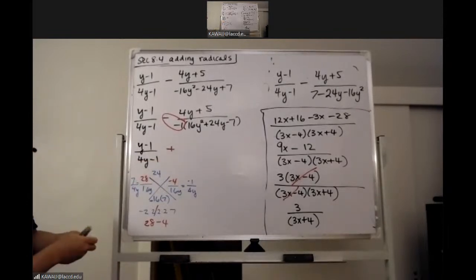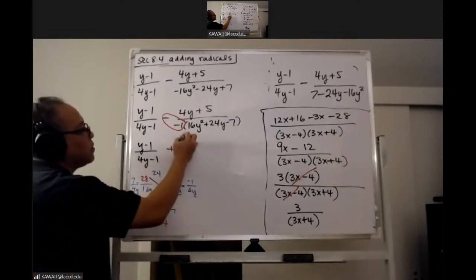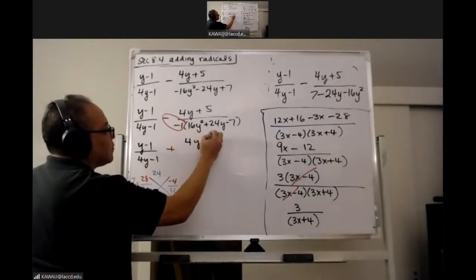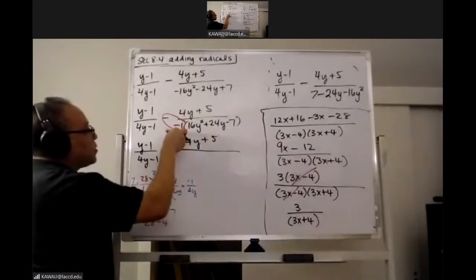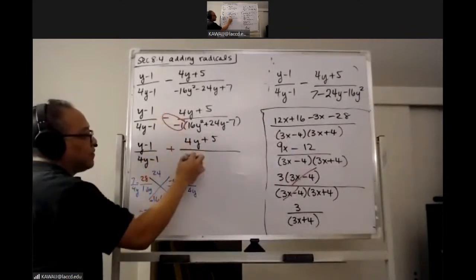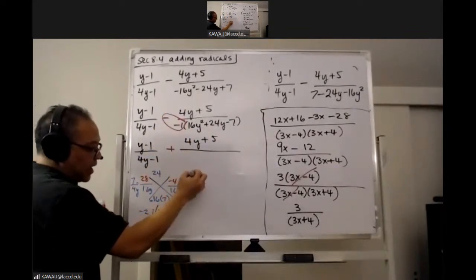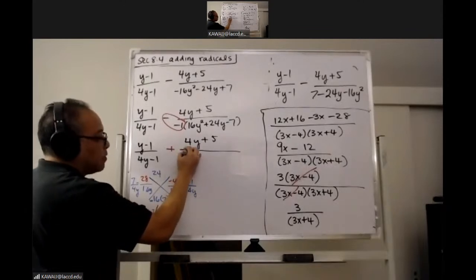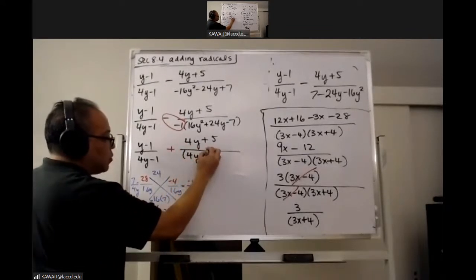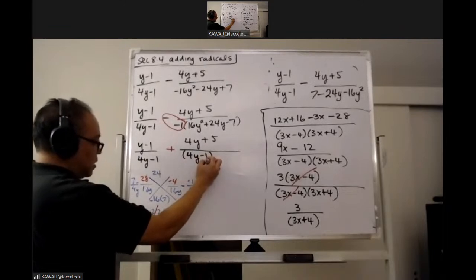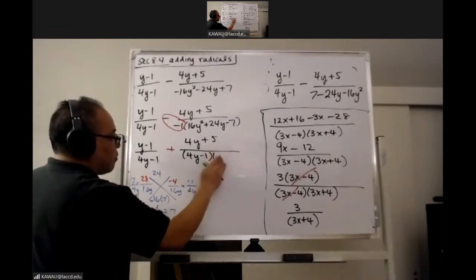Okay, so this turns into 4y plus 5. Now my negative is already gone because I multiplied it with that negative, and I now have 4y minus 1 and 4y plus 7.